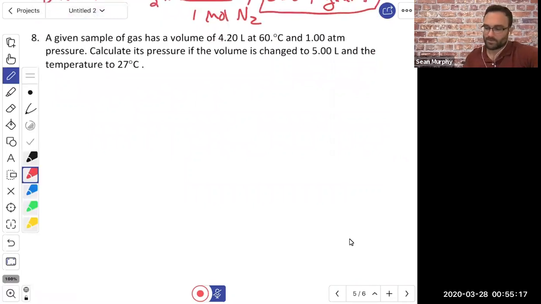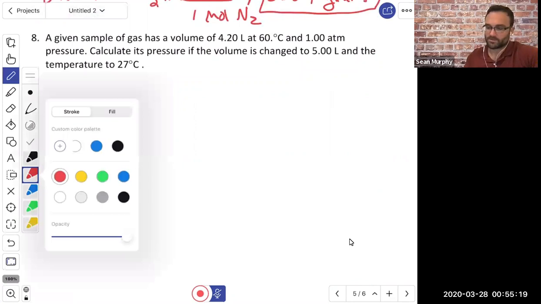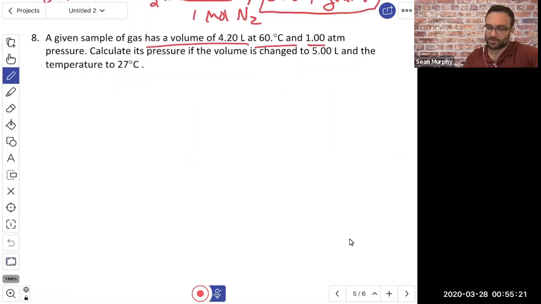Volume, liters, temperature, degrees Celsius, atmosphere. Calculate the pressure if the volume changed. So we're going to use PV over T equals PV over T. There's two volumes and the temperature changed. All right, so our initial pressure is 1 atmosphere.